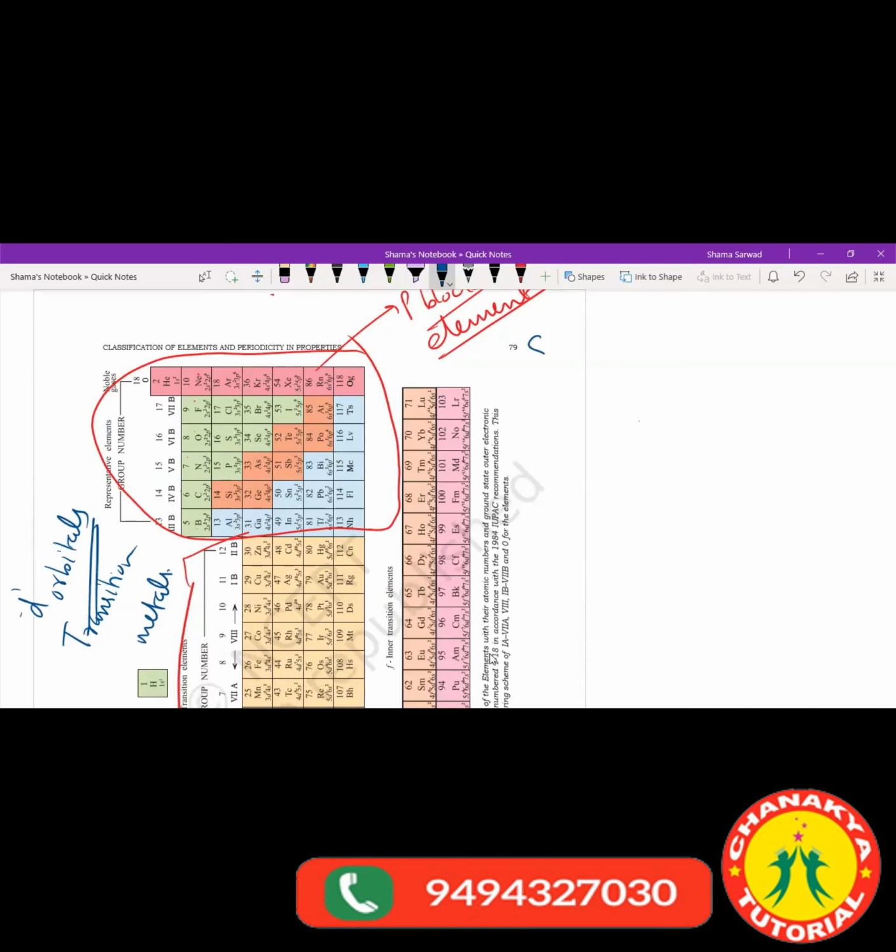S-k for scandium, T for titanium, V for vanadium, Kra for chromium, Mana for manganese, Peko means ferrous, Ko cobalt, Ni nickel, Kunja Cu copper, and Zn.